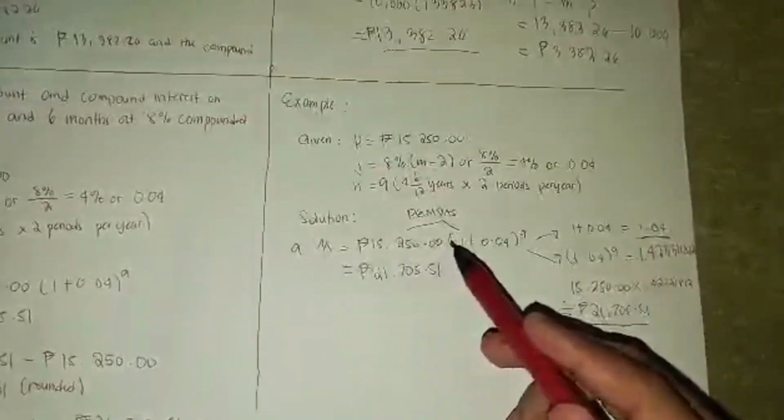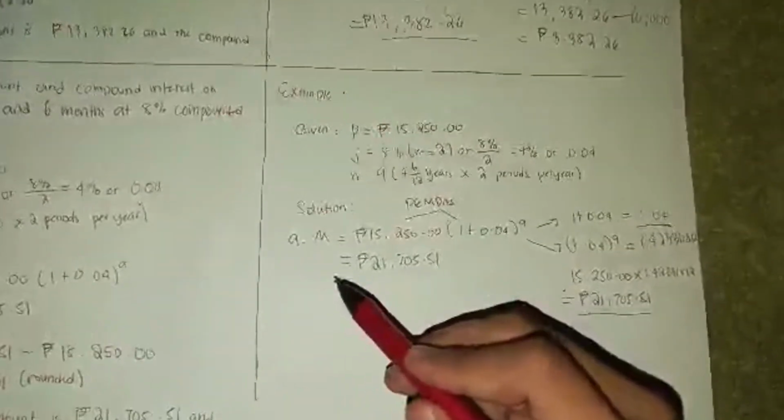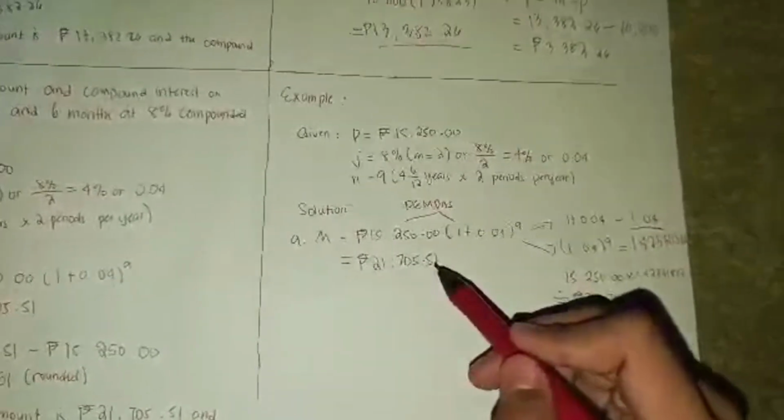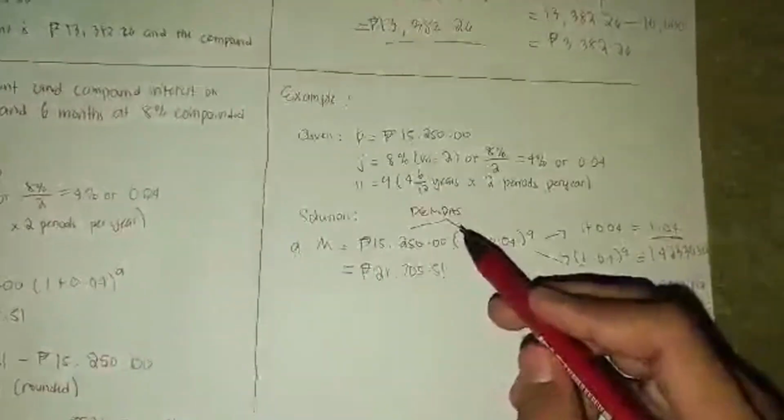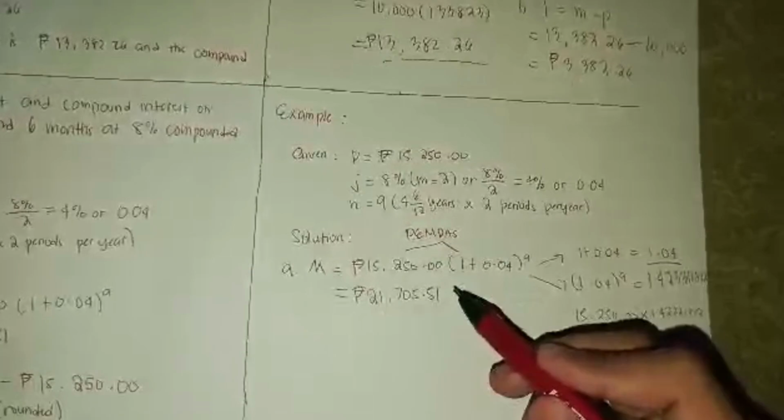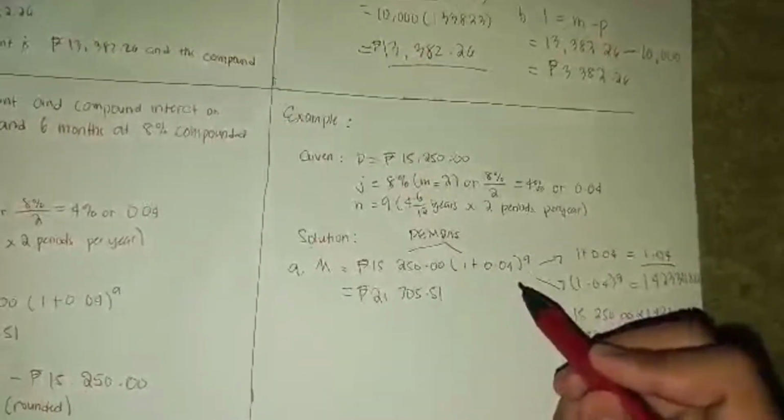Use this as the M formula, guys. M is equals to 15,250.00, open parenthesis, 1 plus 0.04.